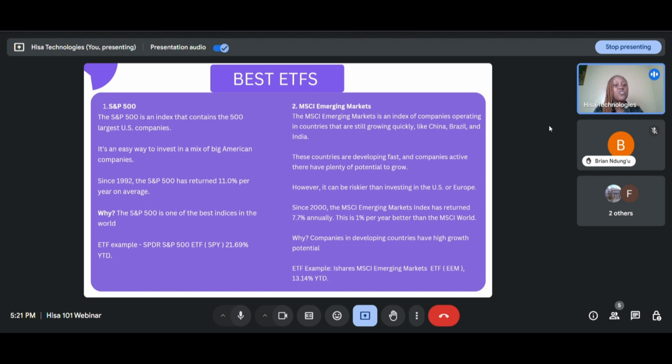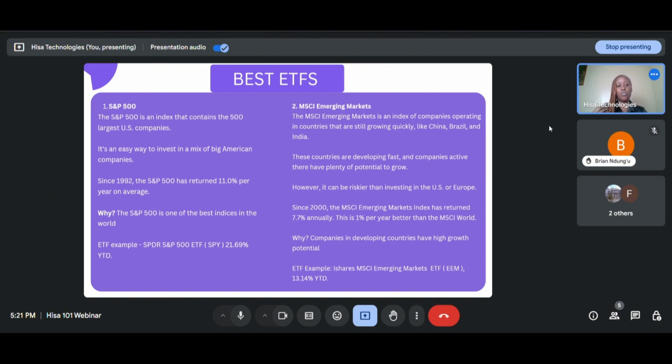These countries are developing fast, and companies active there have plenty of potential to grow. However, it can be riskier than investing in the US or Europe. Since 2000, this index has returned an average of 7.7%. This is 1% better than another index we will cover very soon.